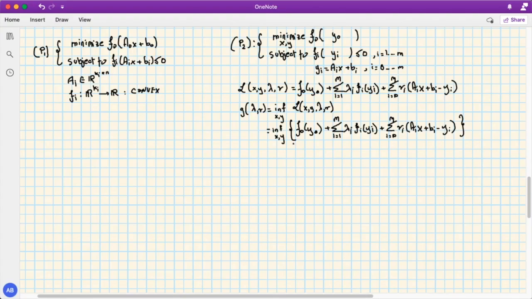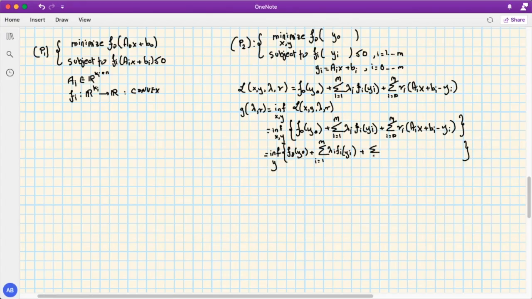Okay, now to do this, I'm going to isolate first the infimum over y, and got f0 of y0 plus sum i going from 1 till m, this term, lambda i, fi of yi, plus this whole term except the x, because I'm going to isolate it to take the infimum over x of it.